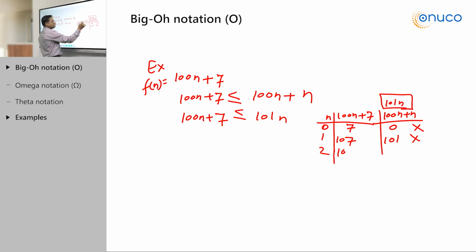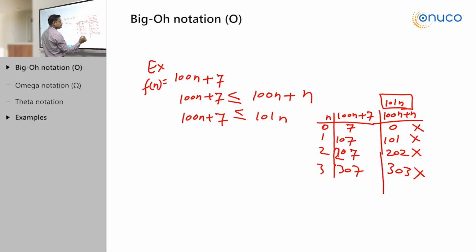If we keep 2 here, 200 plus 7, and this side we have 101 into 2, which is 202. It is not correct. 3: we have 307, and this side we have 303, not correct. Similarly, if you have 4, 407 and 404, not correct.